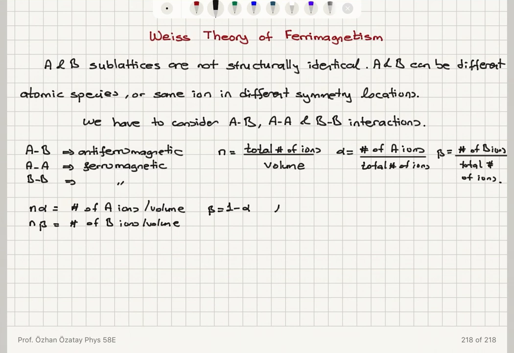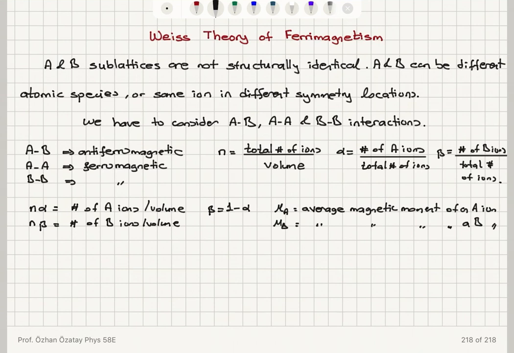I call mu sub A the average magnetic moment of an A ion, and mu sub B the average magnetic moment of a B ion.